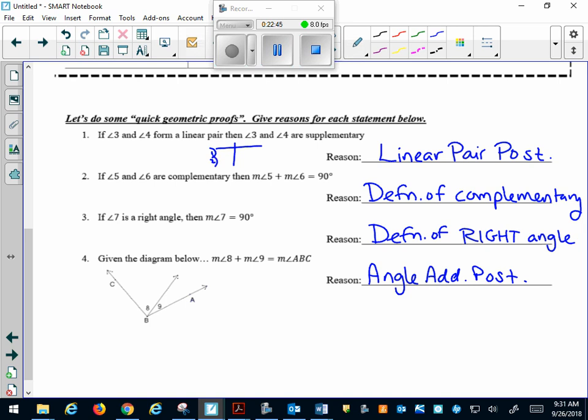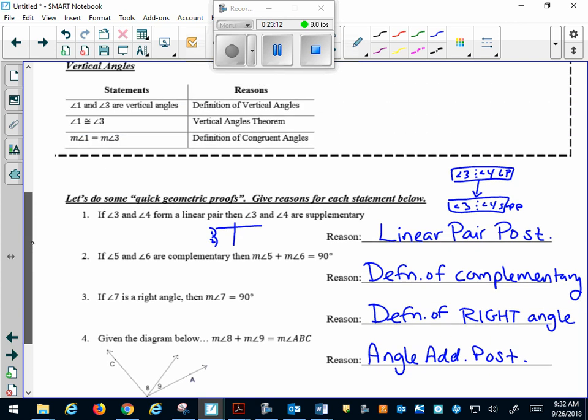If it's a flow chart, it would be like this: angle 3 and angle 4 are a linear pair, and it would lead you to say angle 3 and angle 4 are supplementary. So it's written as an if-then statement, but understand that in a proof, it would be one step after the other. Knowing the first step leads you to conclude the second step.